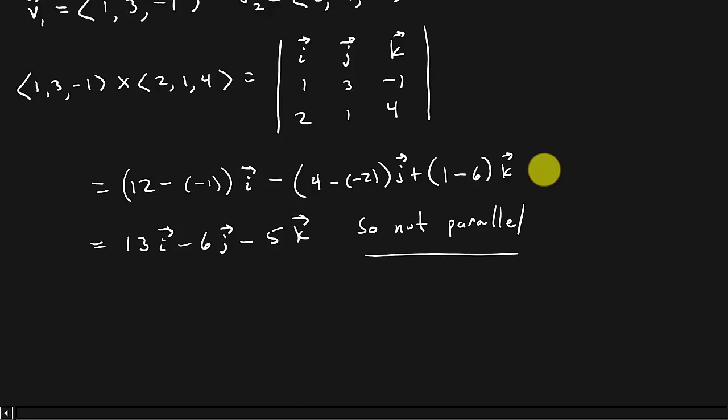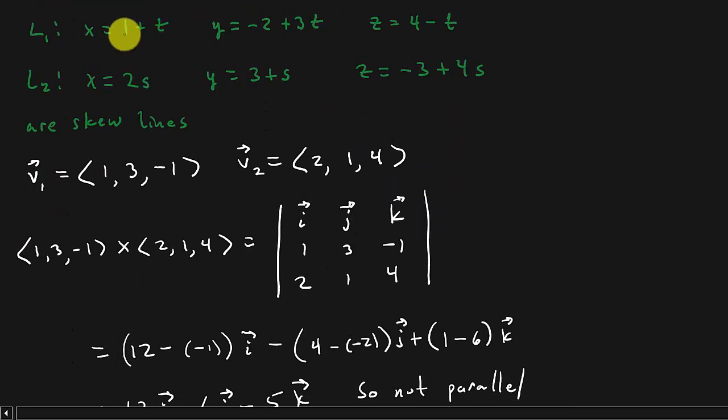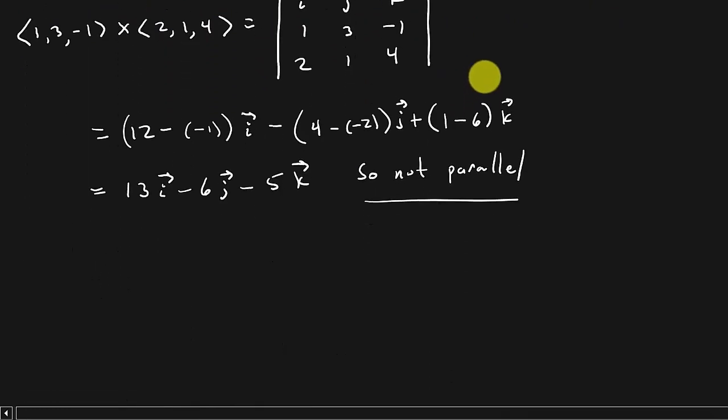All right. So what could we do now? Well, what if we set up equations? That's X, that's Y, and there's Z. So let's set X, 1 plus t equal to 2s, and so on.